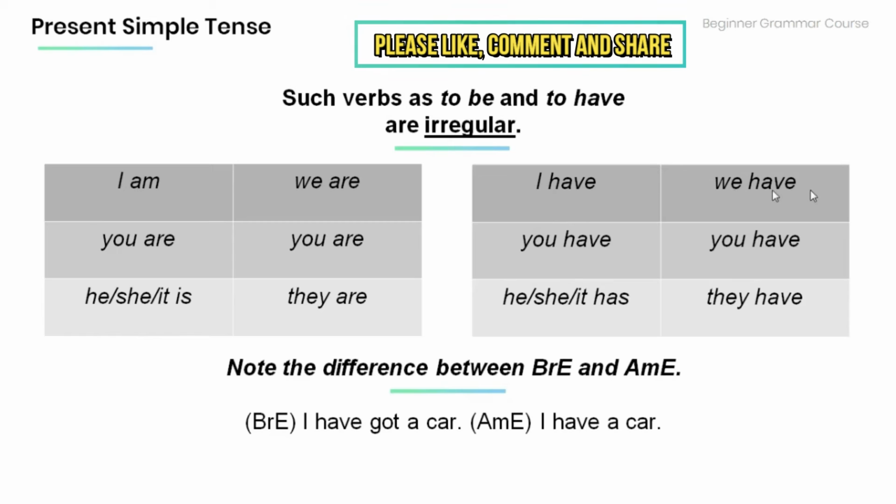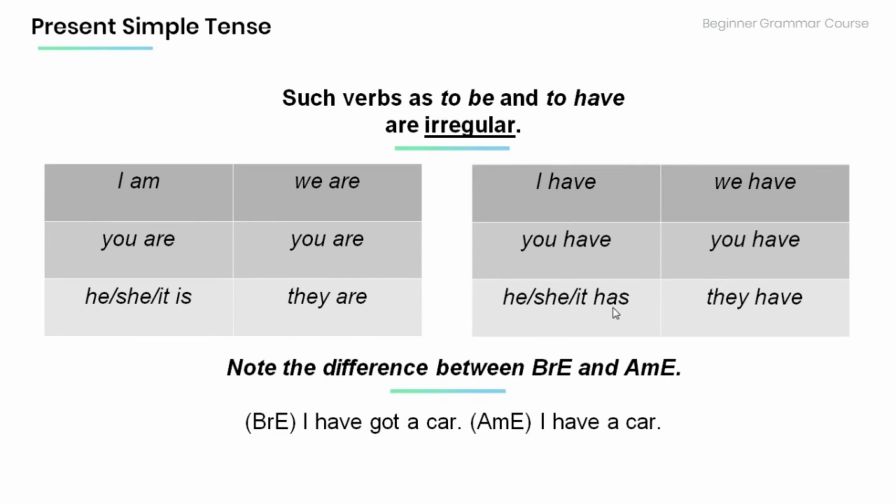I have, we have, you have, you have. He, she, it has, they have. Note the difference between be and have. Have a look at the differences below. I have got a car. I have a car.